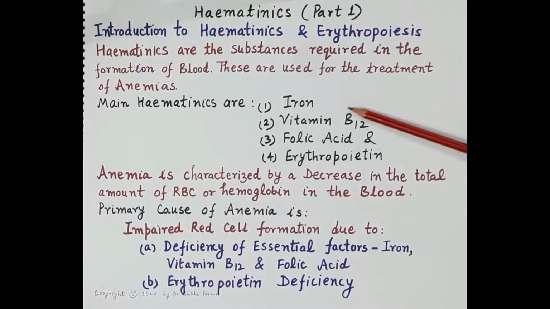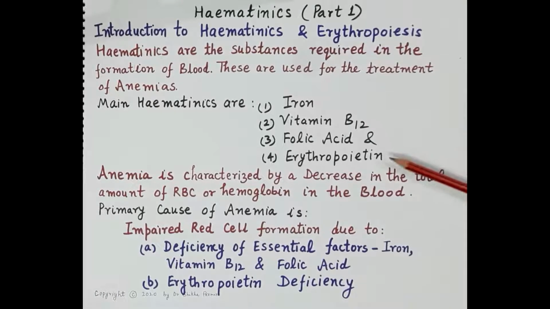Main hematinics are iron, vitamin B12, folic acid and erythropoietin. So these substances are essential for the formation of red blood cells. Each red blood cell contains hemoglobin and this hemoglobin transports oxygen to body cells.